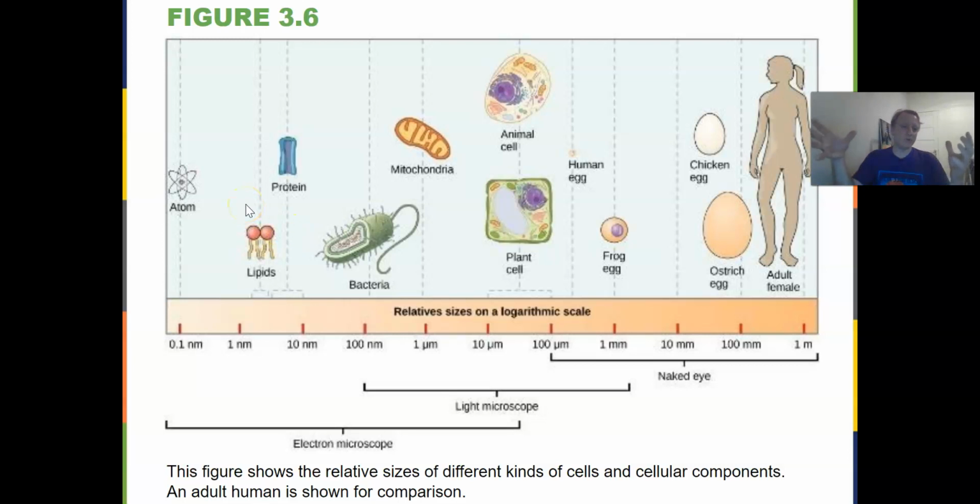Now, proteins can be all sorts of different sizes. They can wind up being very large or sometimes quite small, but this is just a generalization. Then we start getting toward the edge of what we're able to resolve with regular light microscopes. This is not an electron microscope, but we can see down to about 100 nanometers.